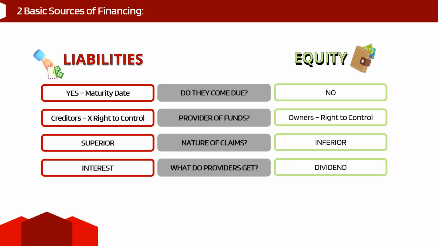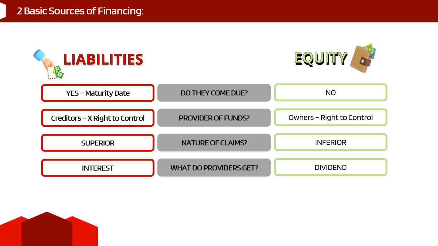So the next question would be, okay, they provided you with funds. Now, when it comes to paying them back, who has the better claim? So let's say you have limited assets, right? So let's say you only have 100 pesos in your asset. So 100 pesos na lang. Now, in terms of closing the books, you need to pay back both your liabilities and your equity.